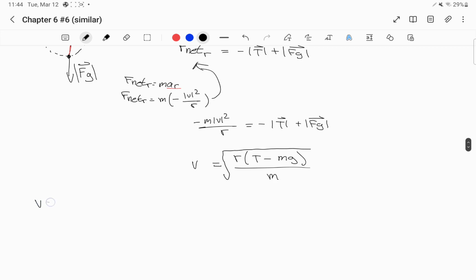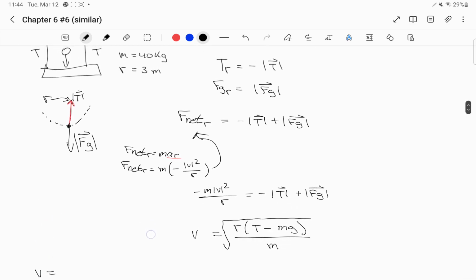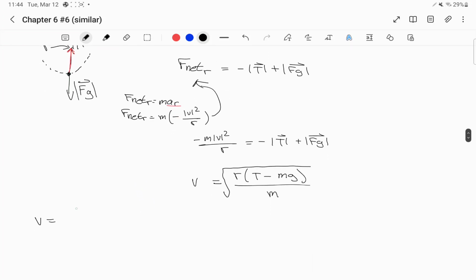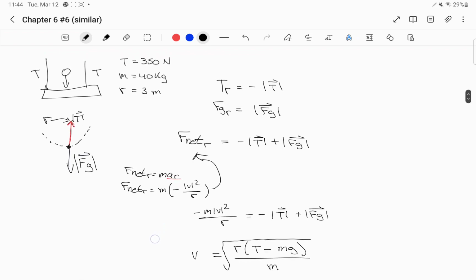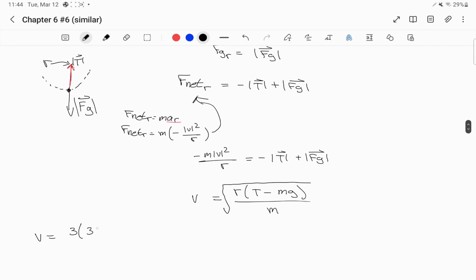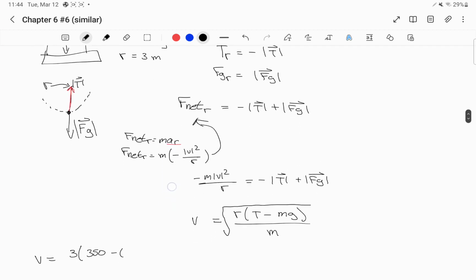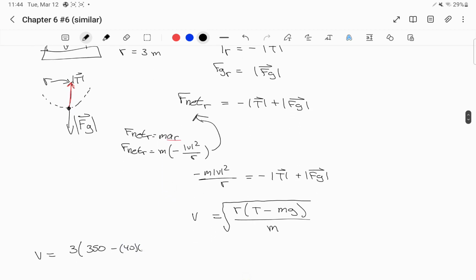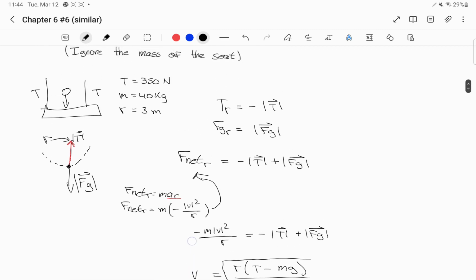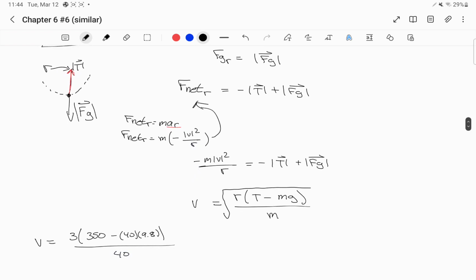And plugging our numbers in, we would have our radius, which is the length of the rope, which is 3 meters, times the tension, which is 350, minus the mass, which is 40 kilograms, times gravity, which is 9.8, all over the mass, again, which is 40.